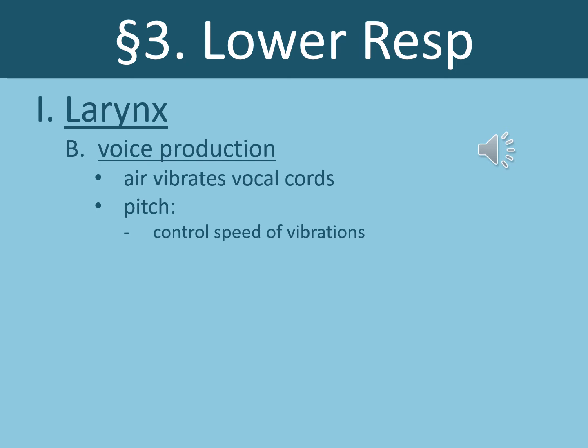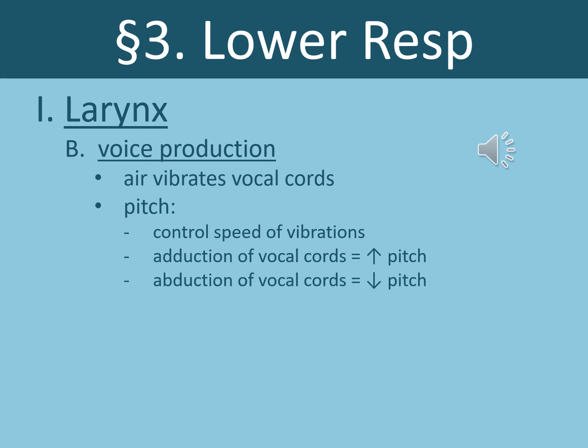That changes the pitch. We can increase the pitch by the adduction of the vocal cords. Adduction means to move a body part closer to the midline. We can lower the pitch of our voice by abduction, or moving the vocal cords away from the midline. To help remember this, think about how the vocal cords moving toward the midline are getting closer to each other or being added together.